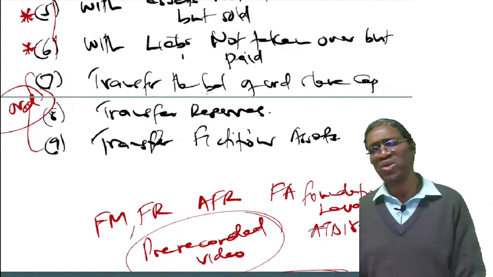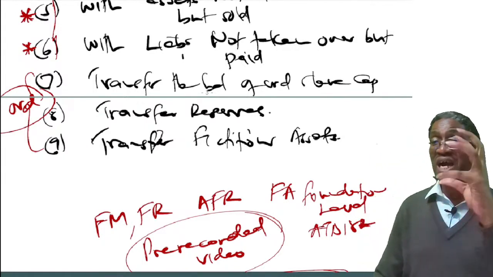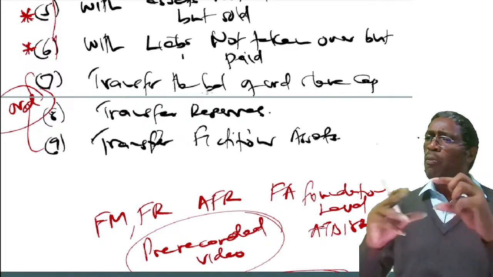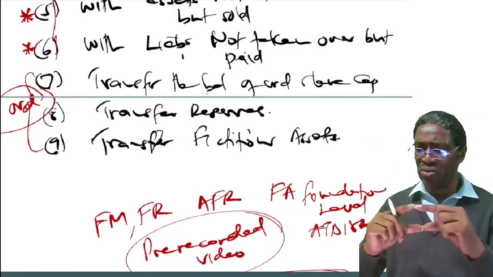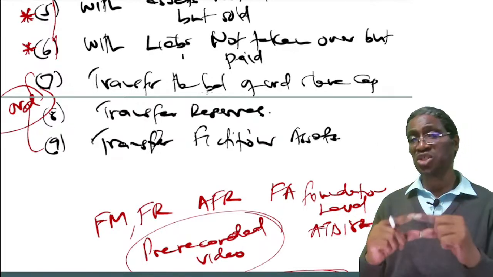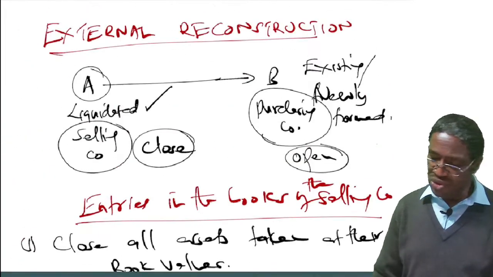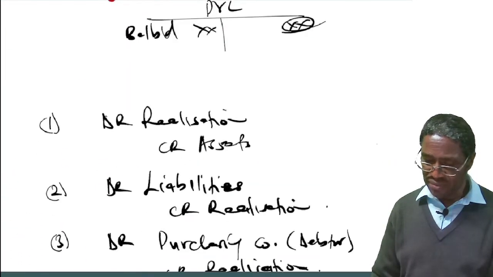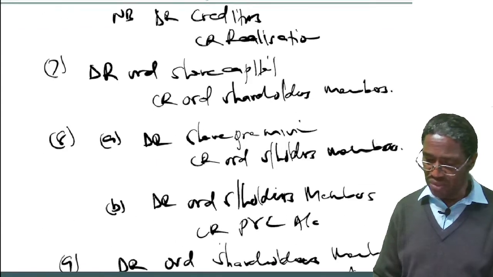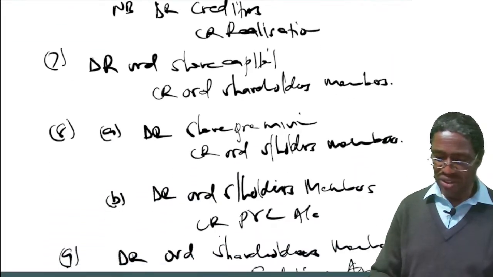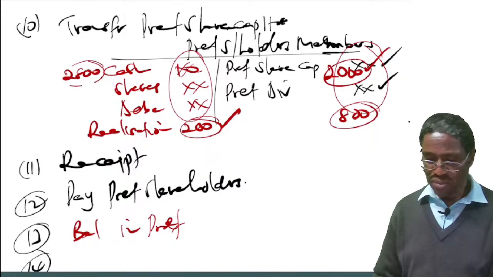So what I was doing in step 7, 8, and 9, I was opening a liability account for the ordinary shareholders. Then, when I came to number 10 here, where is it? Here.